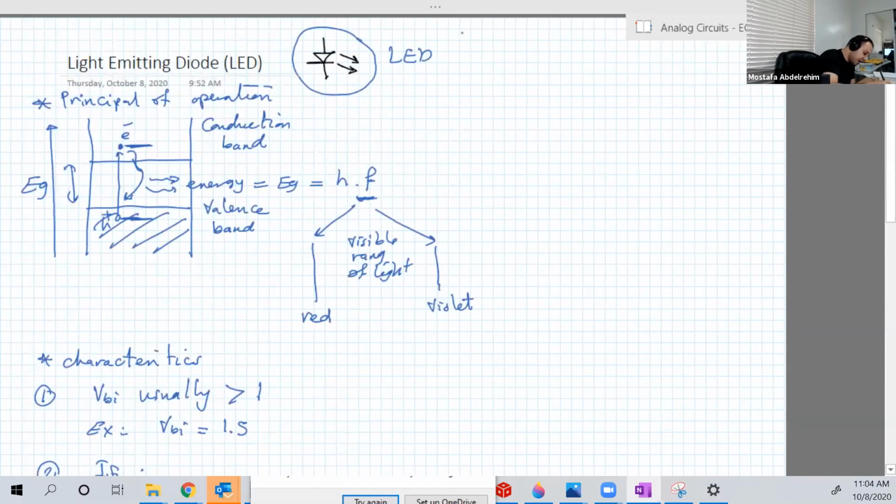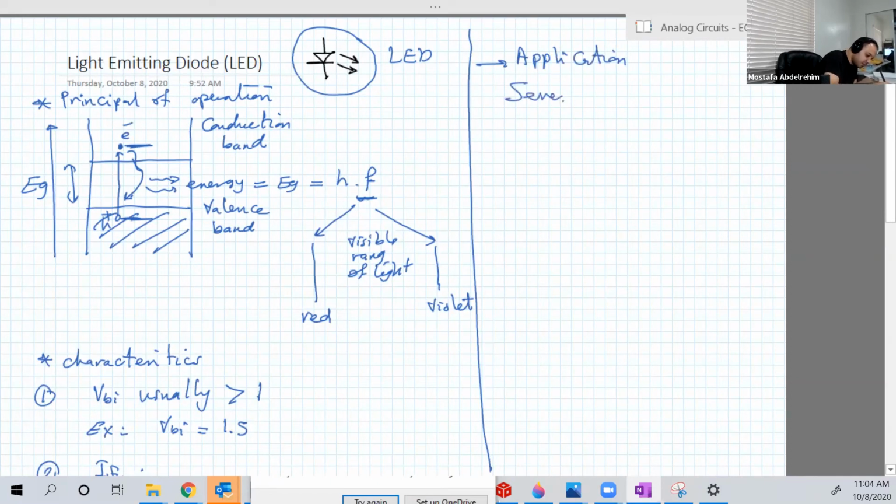So let's have a very big division like this. One big application is the 7-segment display.